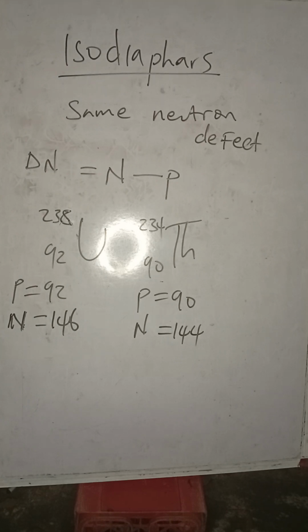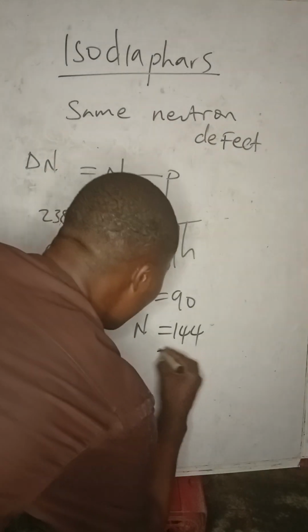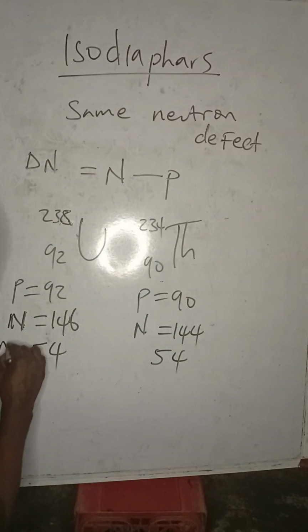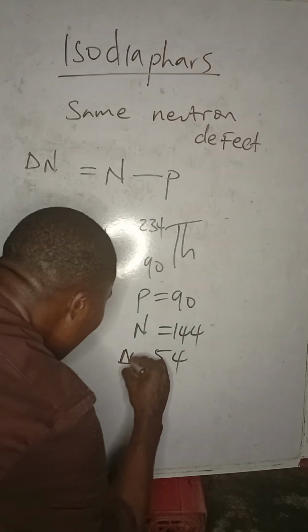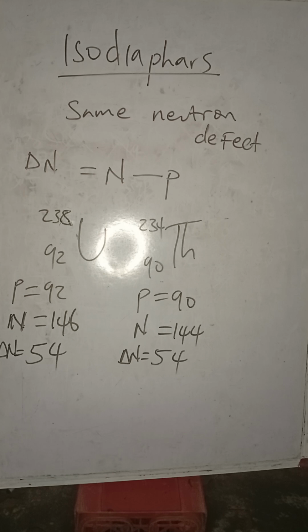Neutron defect is the number of neutrons minus the number of protons. So 146 minus 92 is 54, and 144 minus 90 is also 54. So the neutron defects on both sides are the same. These are the only two atoms that have the same neutron defect in chemistry, so they are said to be isodiaphers.